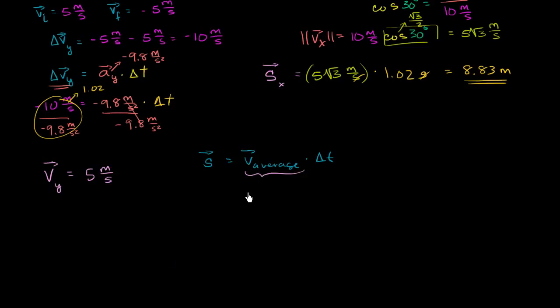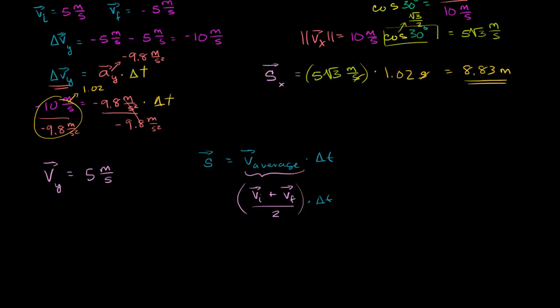If we assume constant acceleration, it is our initial velocity plus our final velocity divided by 2. So literally the arithmetic mean of our initial and final velocities. And we're going to multiply that times change in time.